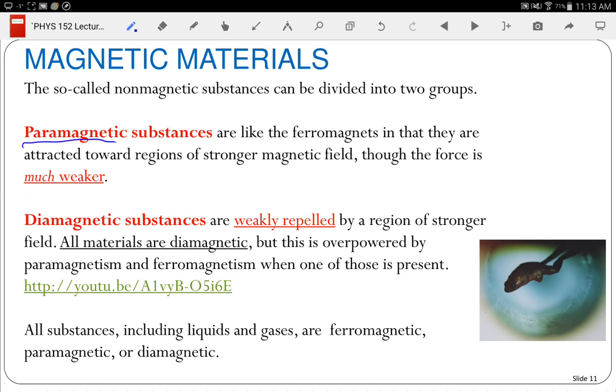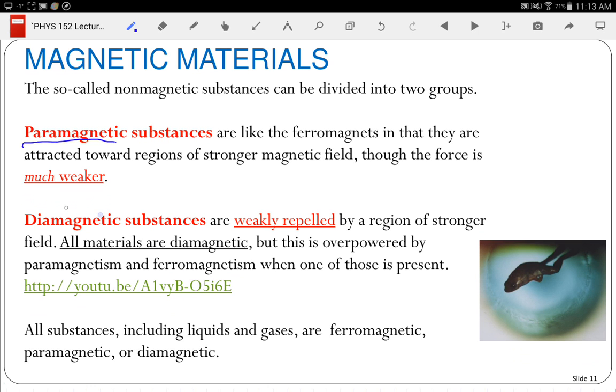And so if I have something that is made out of a magnetic material but is not itself a magnet, it will be equally attracted to the north side or the south side of a magnet. Because the little dipoles will just align and then be attractive. Paramagnetic does that, but it's much weaker, but it aligns and becomes attractive.